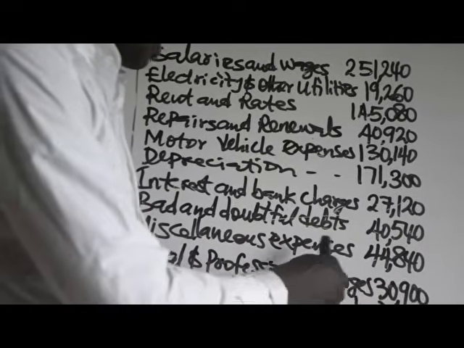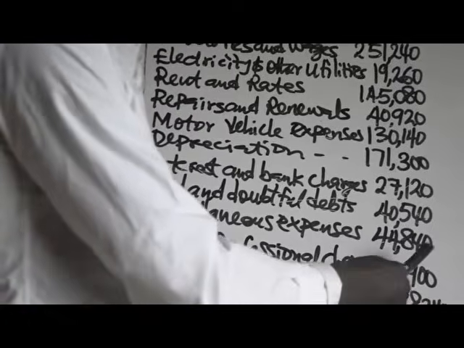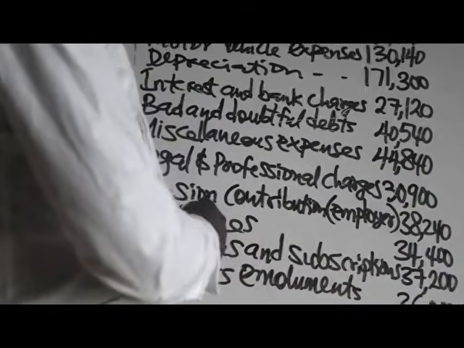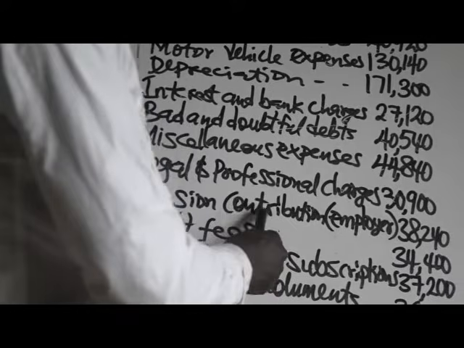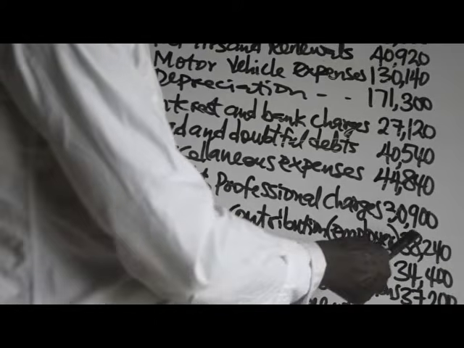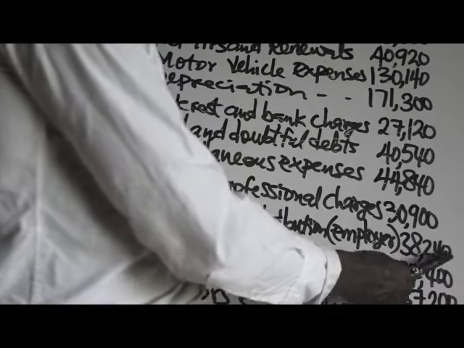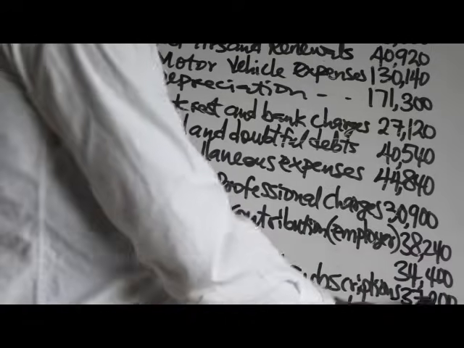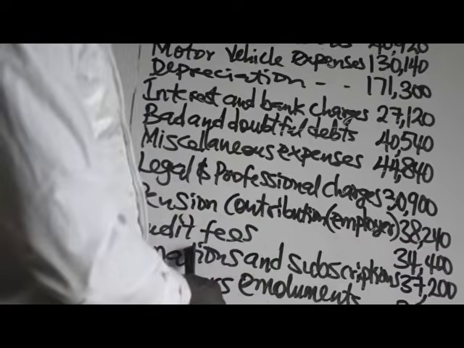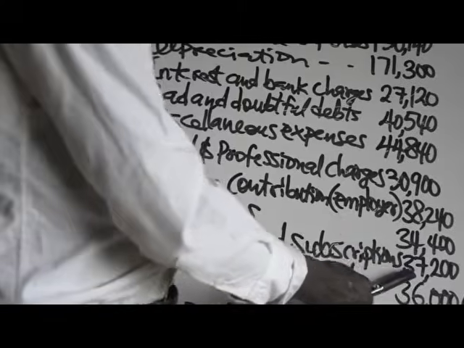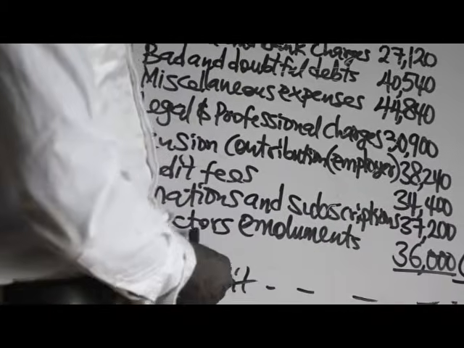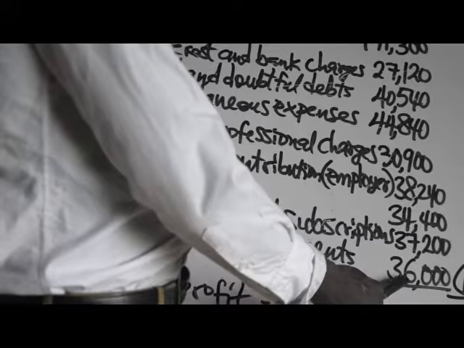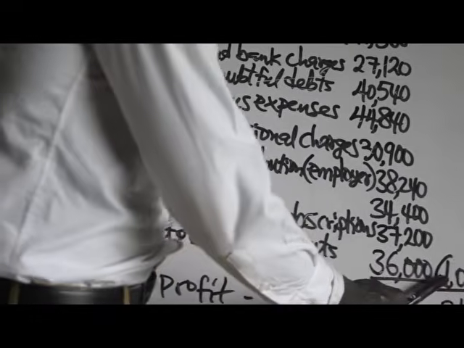Legal and professional charges 30,900. Pension contribution employers 38,240. Audit fees 34,400. Donations and subscriptions 37,200. Directors' emoluments 36,000.